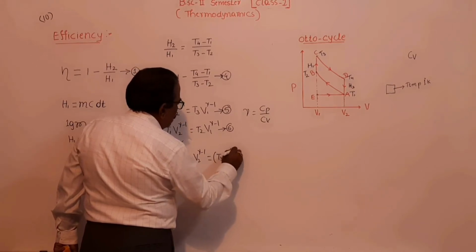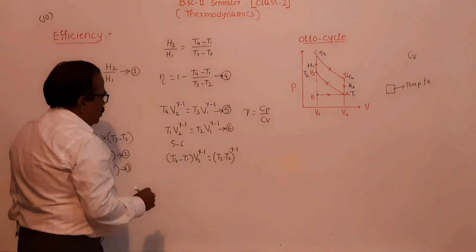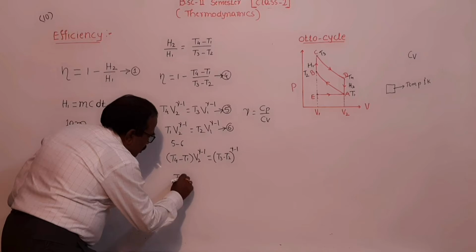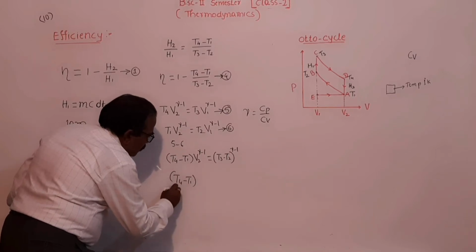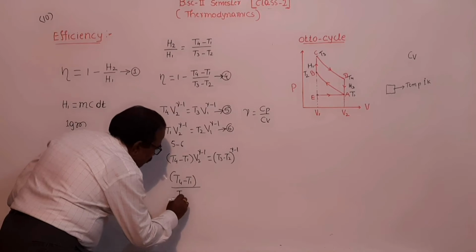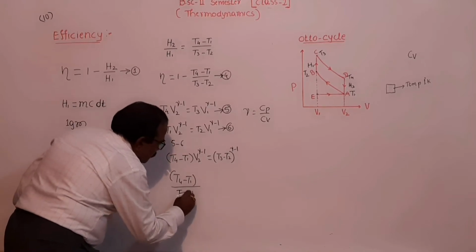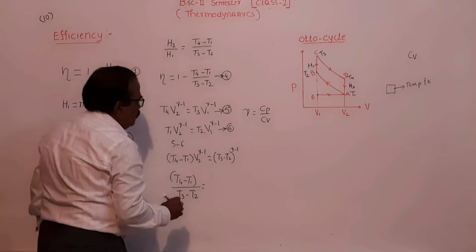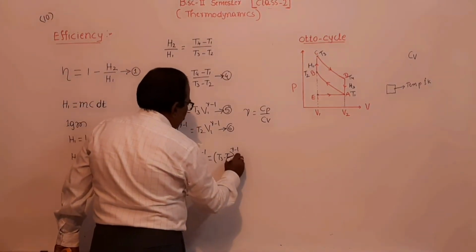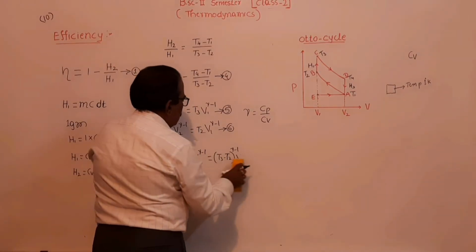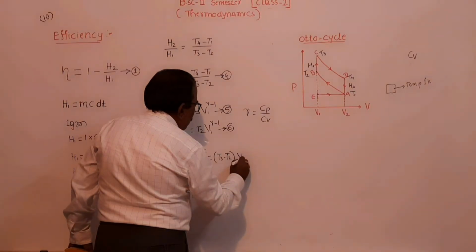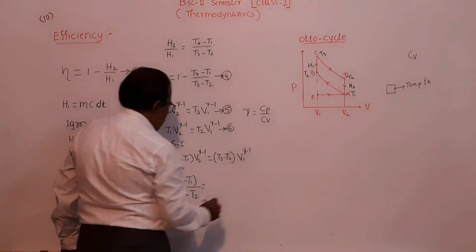So from this, T4 minus T1 upon T3 minus T2 is equal to V1 into T3 minus T2, V1 raised to nu minus 1.